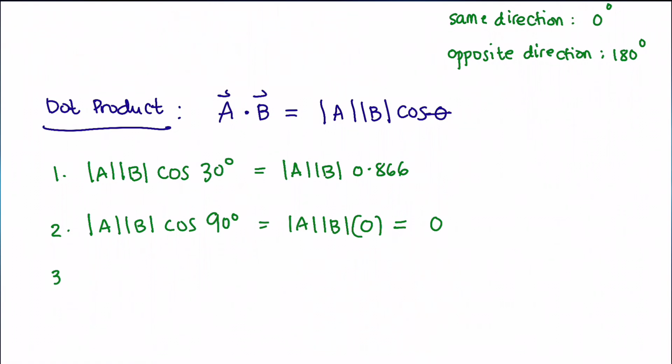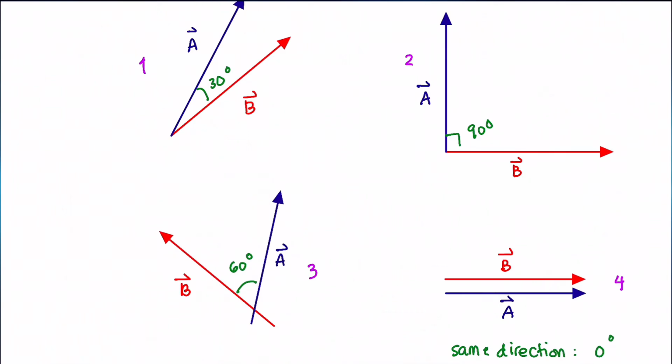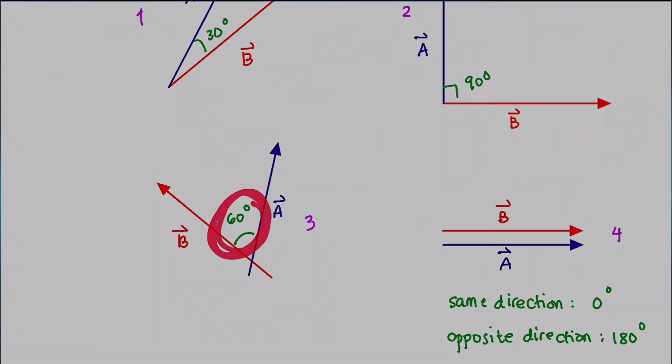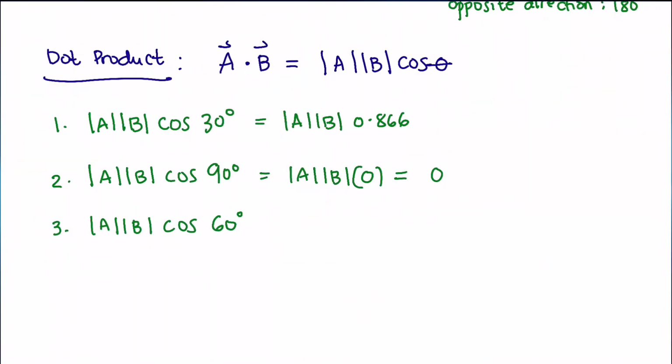Moving on to case number 3, we have the magnitude of vector a multiplied by the magnitude of vector b times the cosine of the angle between vectors a and b in the third case. In this case, that is 60 degrees. Then this is equal to a, b, cosine of 60 degrees, which is equal to 0.5.